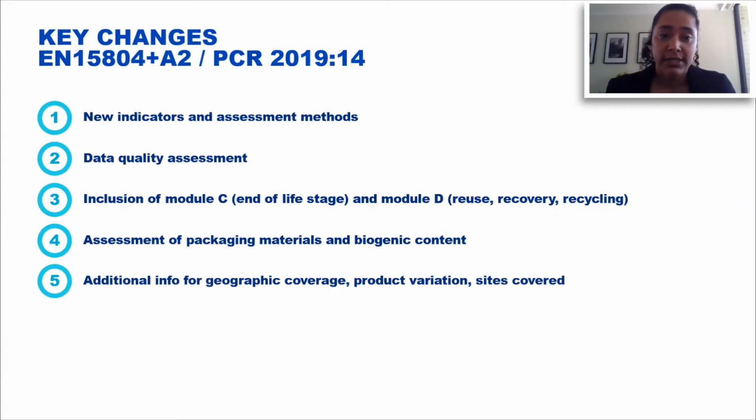Number 5 is additional geographic coverage. So the data that we have on manufacturing processes, they're representative for which region, and also where is our product going to be used. In this case, it's produced in Australia, and it's also aimed towards the Australian market. So the geographic coverage is basically Australia.